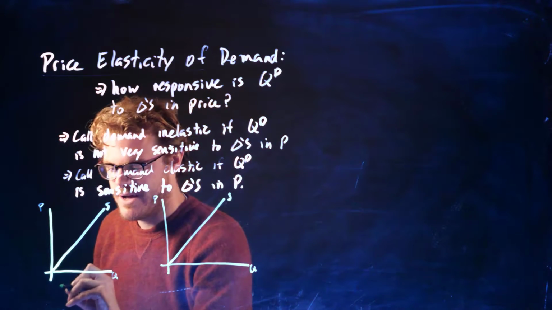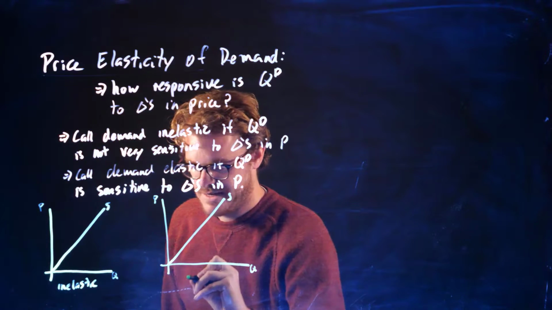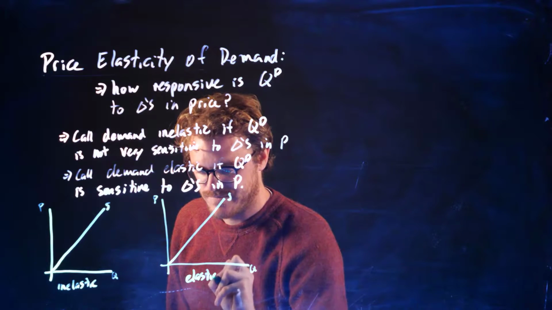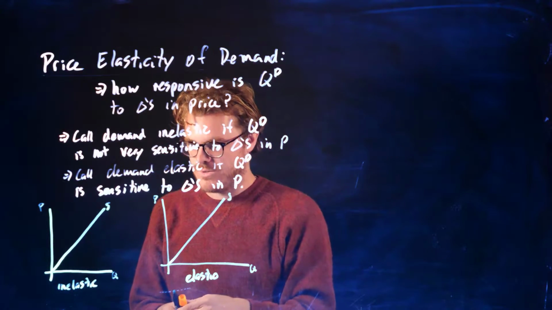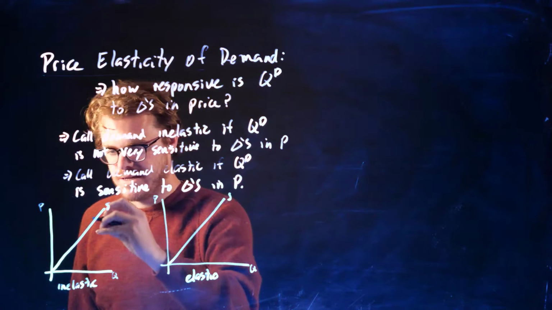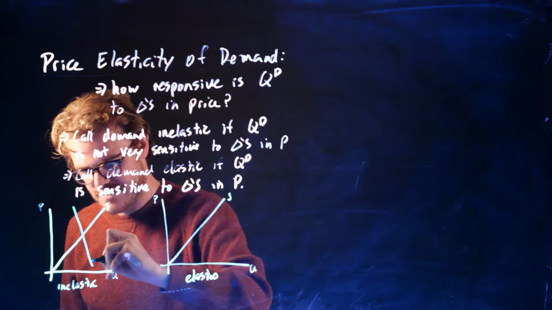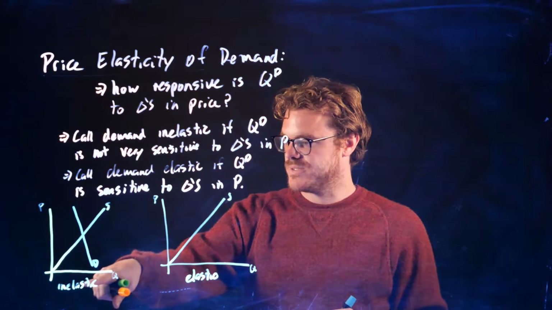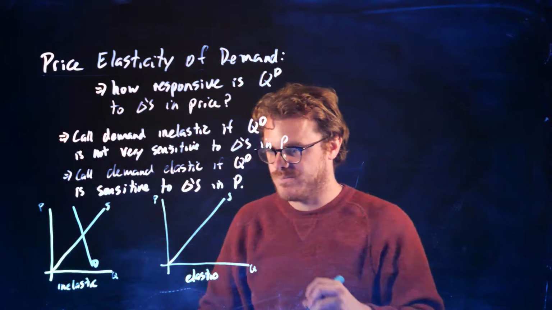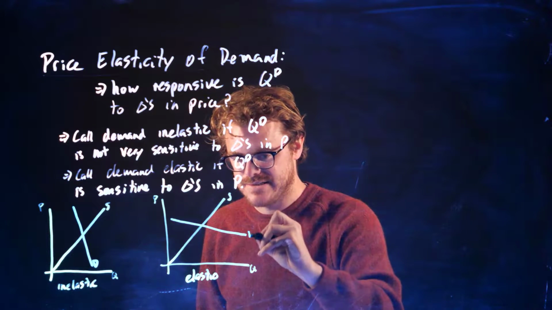And here we're going to think about it as being inelastic, and we'll say elastic down here. And so I'm going to draw a couple demand curves here. So let's draw a really steep demand curve for this one. So again, it's going to be related to slope, but not quite slope. And then we're going to draw a relatively flat demand curve here.